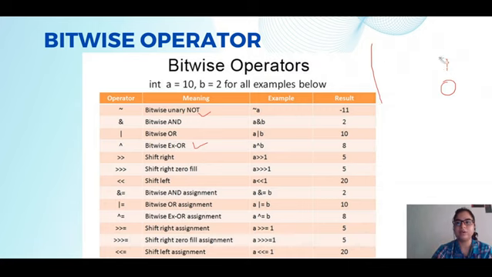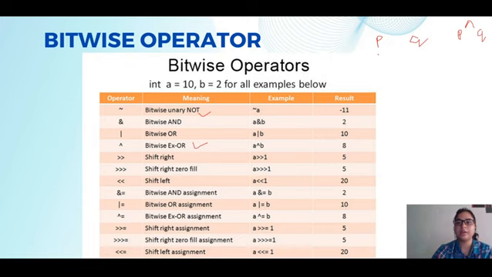Okay, so now let's see about XOR. What does the XOR truth table say? In XOR, we have P and Q. This is the representation of XOR, which we call the caret symbol.